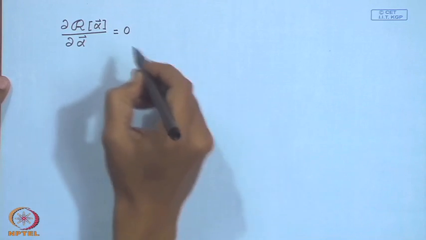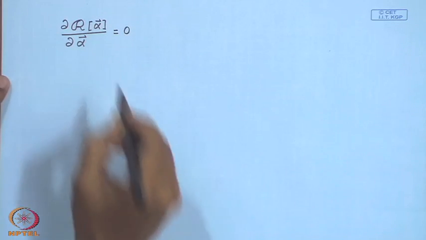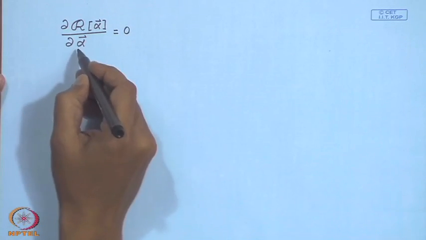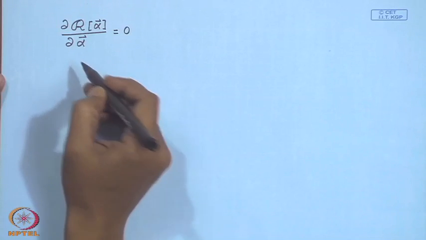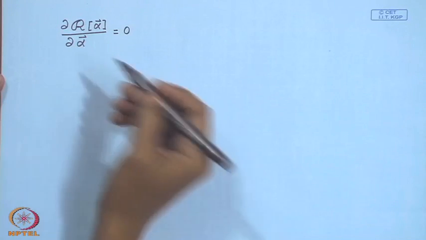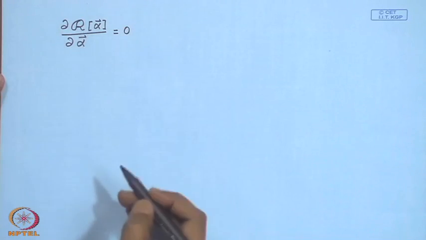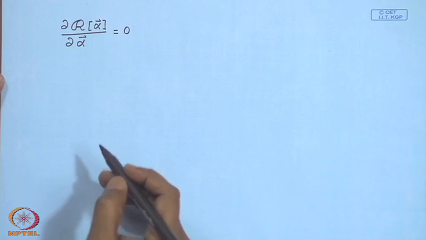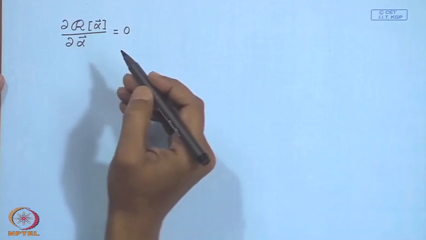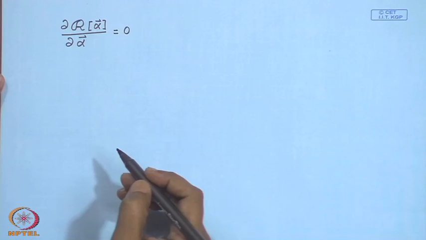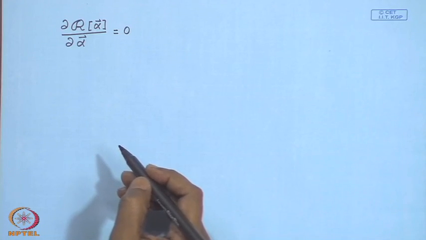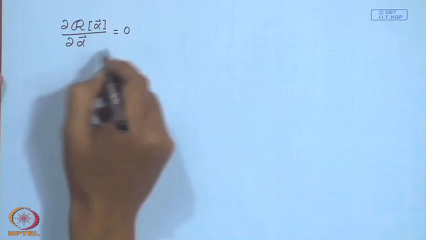So, the derivative must vanish for extremization. Now, this derivative has to be taken with each element of this vector alpha. So, if there are capital N elements in this vector alpha, then there will be N equations in N unknowns.